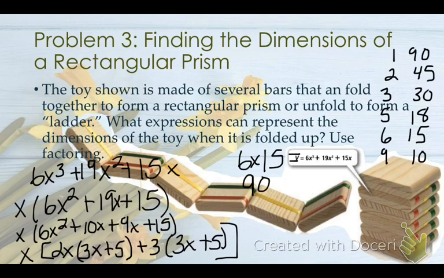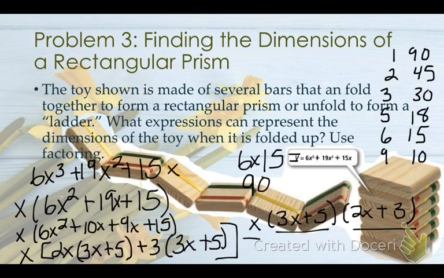So at this point, I have x times 3x plus 5 times 2x plus 3. And I do want to verify that I have everything factored completely. I don't see any more factoring that can happen here. So my three factors are x, 3x plus 5, and 2x plus 3.